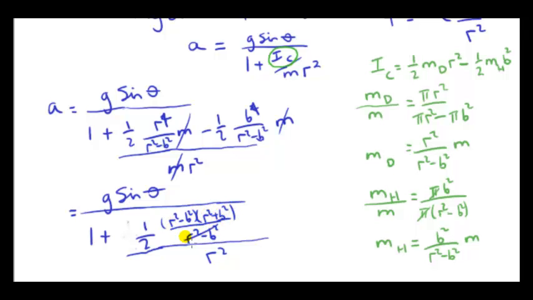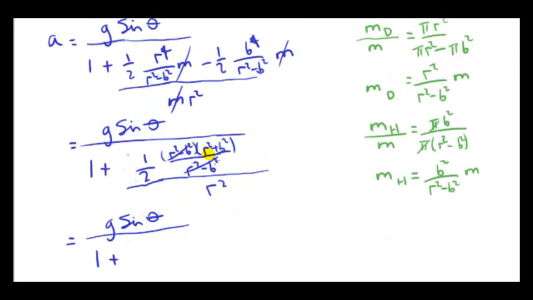That's convenient, because these go out. So we end up with r squared plus b squared divided by r squared. Breaking that into two fractions, we have r squared over r squared, which is 1, plus b squared over r squared. And we can write this as 1 plus a half b squared over r squared. So that's going to give us 3 halves plus a half b squared over r squared.